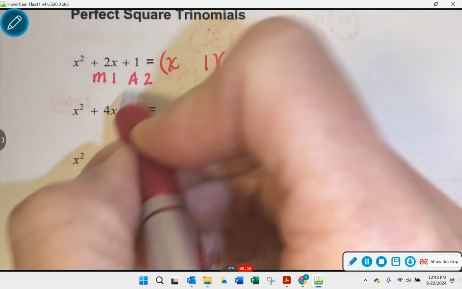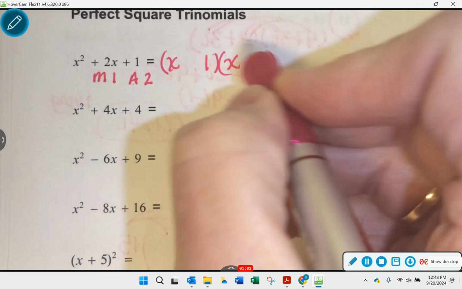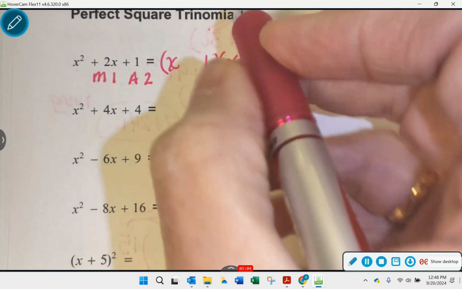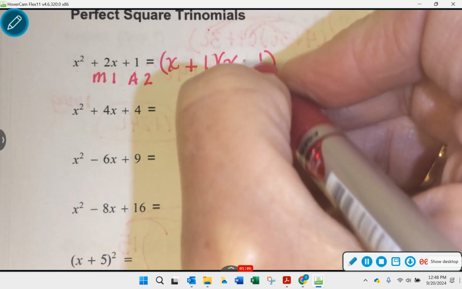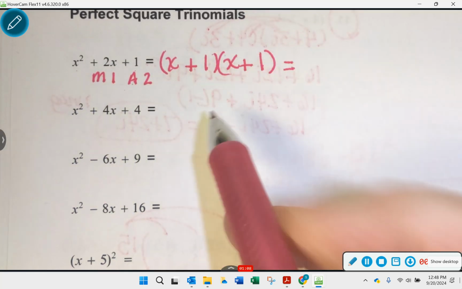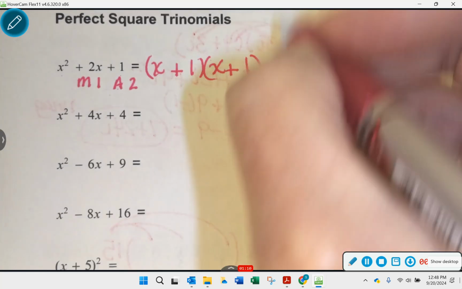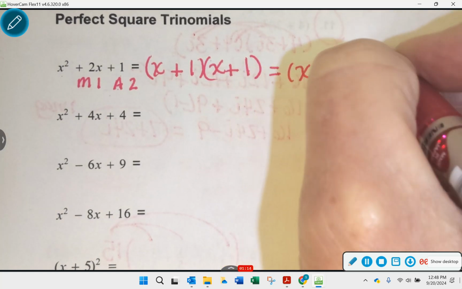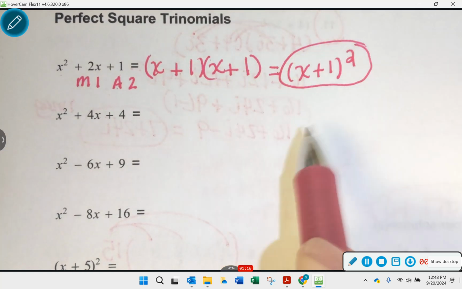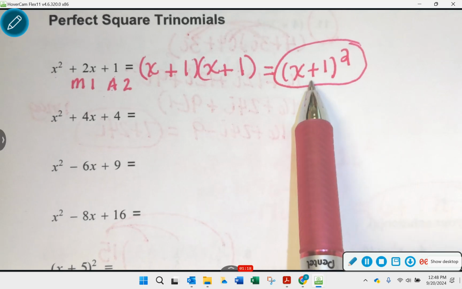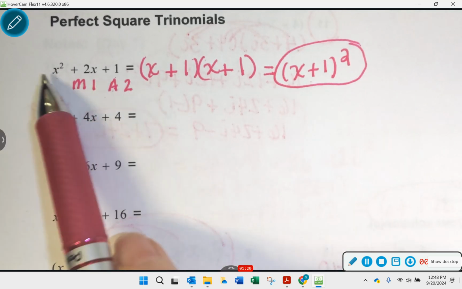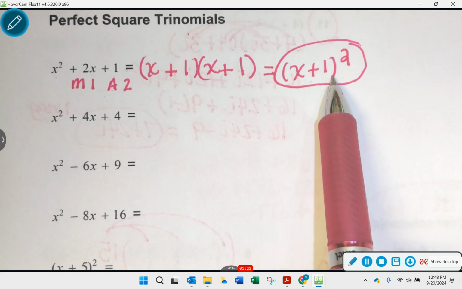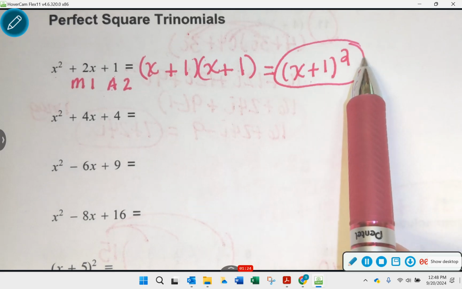And in fact, I need them to add to be a positive 2. So what do I want the signs to be? Plus on both. So another way of writing this, if these two are exactly the same, is to say x plus 1 quantity squared. That's the best way of writing that. So the way this factors down is into x plus 1 quantity squared.